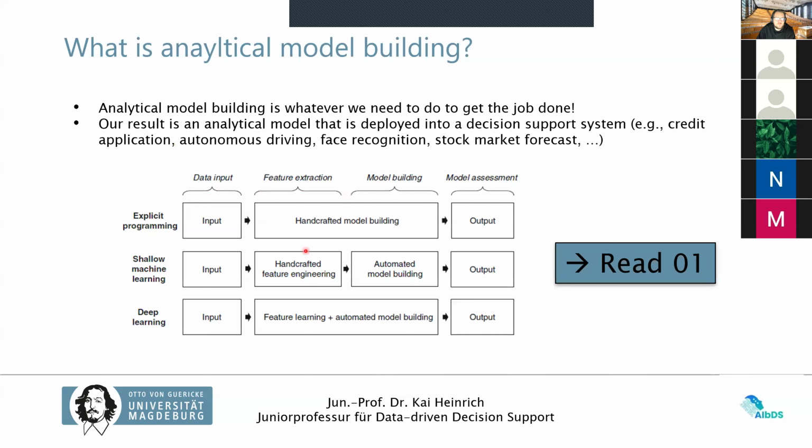It is called handcrafted model building. Here, we need to say these are the features, but the importance of the features, so the actual model building, is automated, right? And in deep learning, the features are automatically extracted, and the model and the weights too, right?